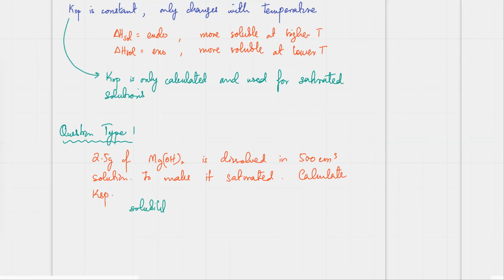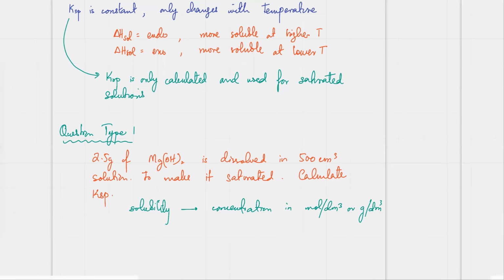Solubility is the concentration of the solute, and it's either given in mole per dm cube or sometimes in grams per dm cube, which is kind of the same thing because you can change grams to moles by simply dividing by Mr. So remember that as well.